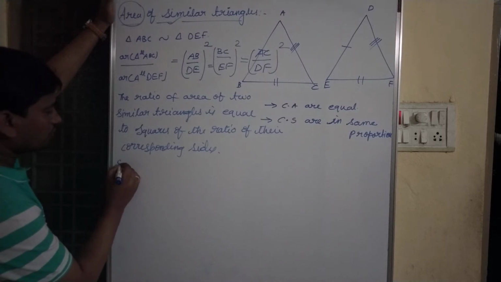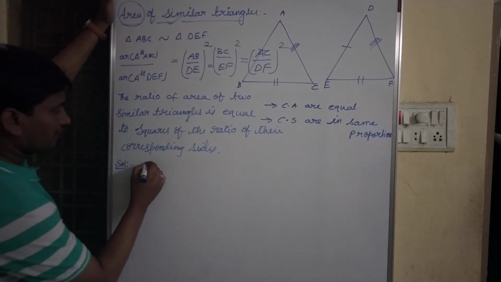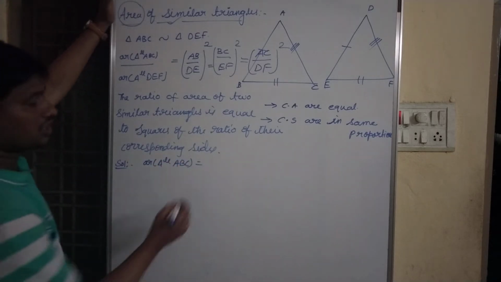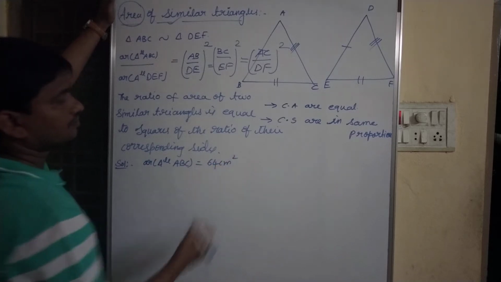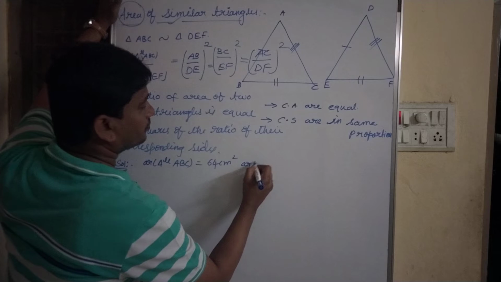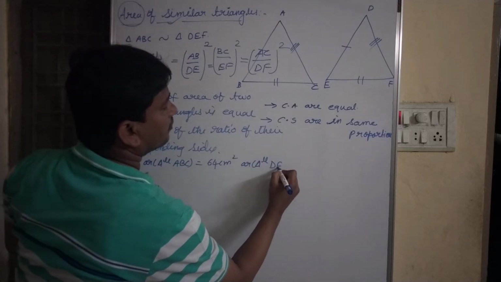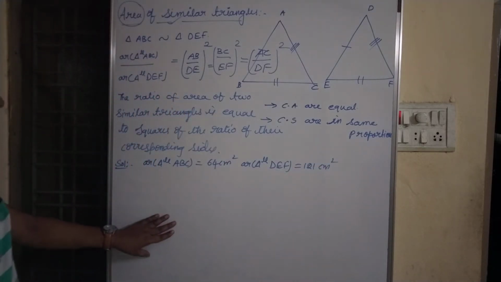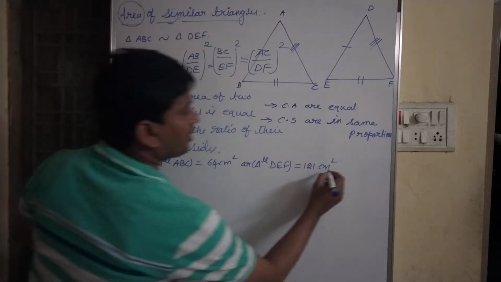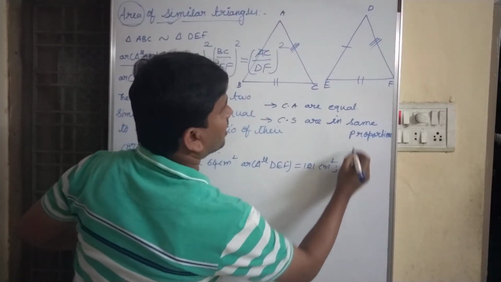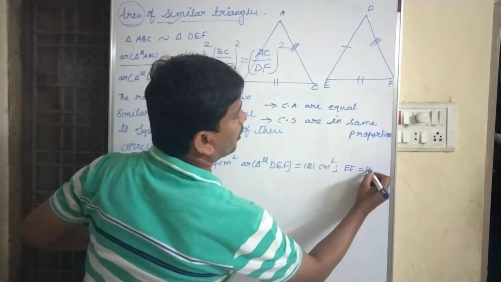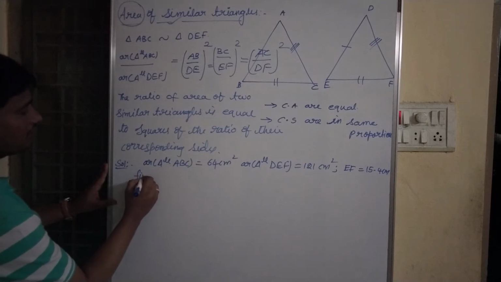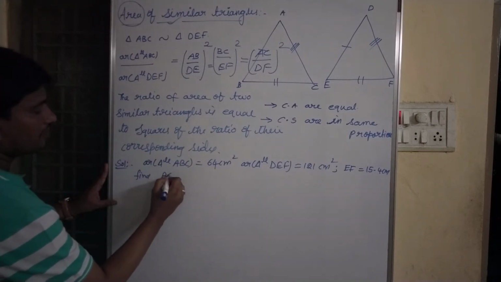Let us solve one question. Given area of triangle ABC is equal to, for example, 64 centimeter square, and area of triangle DEF is equal to 121 centimeter square, and given side EF equal to 15.4 centimeter, then find the corresponding side BC.